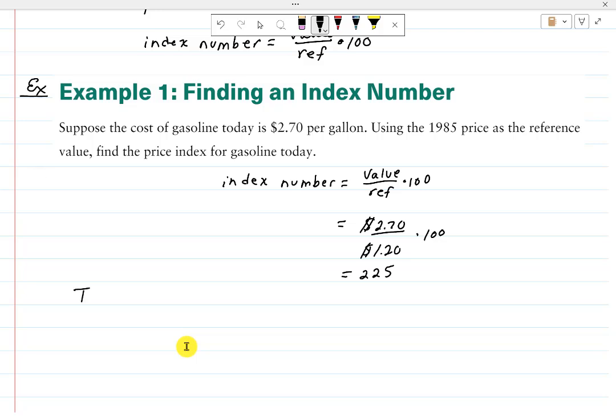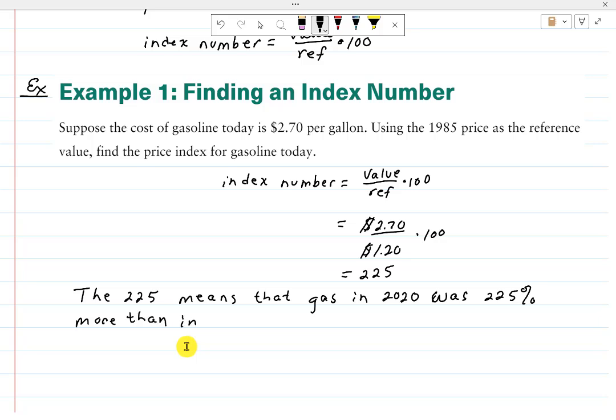That number, the 225, means that gas in 2020 was 225% more than what it was in 1985. So 2.25 times is expensive.